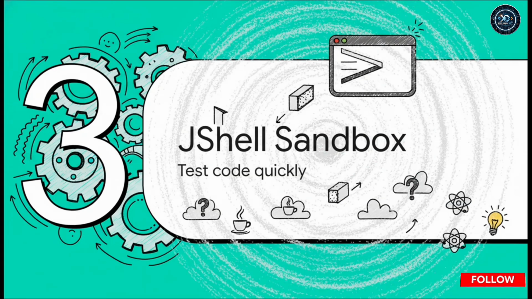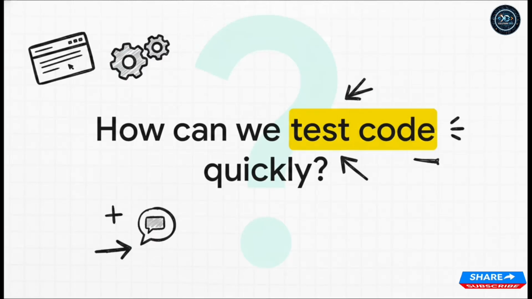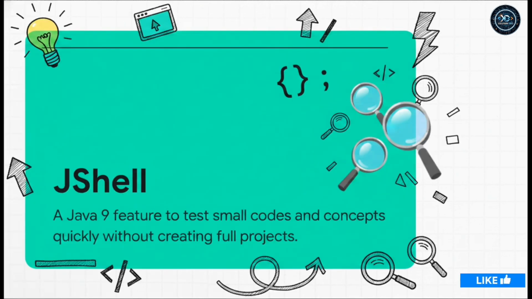Okay, Section 3, the JShell sandbox. Consider this problem for a second. What if you just want to see what happens when you add two numbers together or print a single word? How can we test code quickly without the heavy overhead of setting up a massive project, creating a bunch of files, and running through that entire compilation process we just talked about? Well, the answer is JShell. Introduced back in Java 9, JShell is essentially your experimentation sandbox.